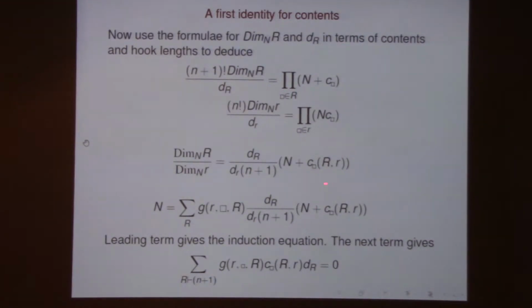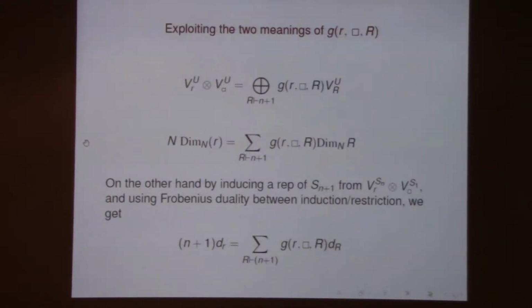Now if you write that equation down, you can deduce the following fact. This is a polynomial in N, and this is just N. So the leading order must agree on both sides, and the subleading order must vanish. So you get a vanishing. This is one equation, just from this fact.